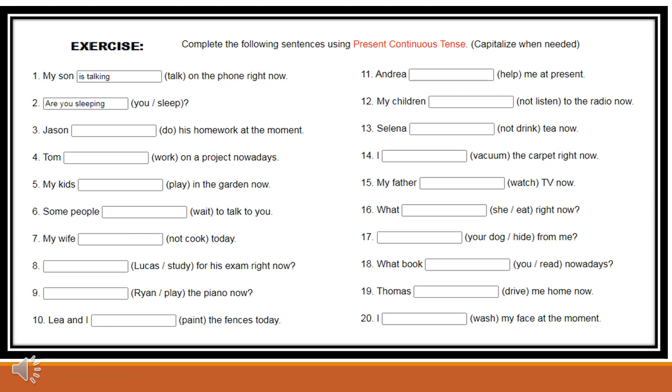You will add the helping verb of present continuous. That is the only thing missing here. So I have added the helping verb before the subject. Why is that? Because there is a question mark at the end. So I made it: are you sleeping? Here are is your helping verb, you is your subject, and sleeping is your main verb.